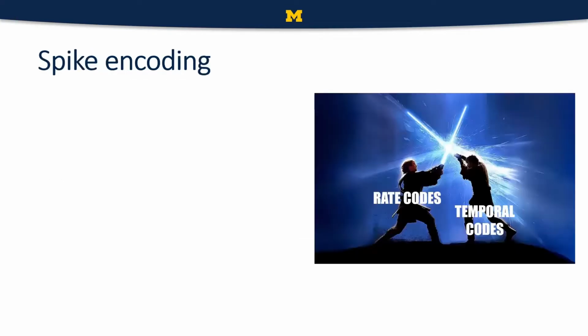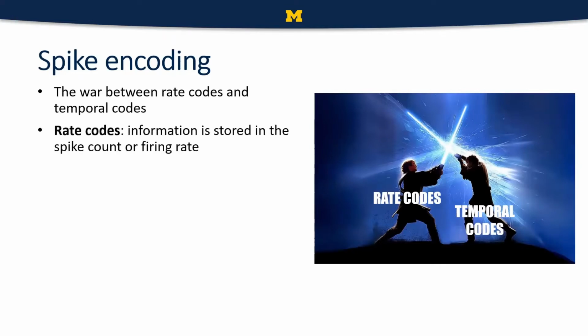So let's talk about the language of the brain. Spike encoding. This is actually one of those insanely sacrilegious topics that neuroscientists have waged wars about for the past 40, 50 years. There's one camp that is all about rate codes. They argue that information is stored in the spike count, or firing rate, or the frequency of neuron behavior.